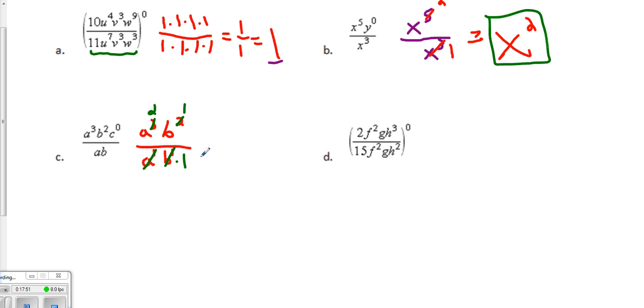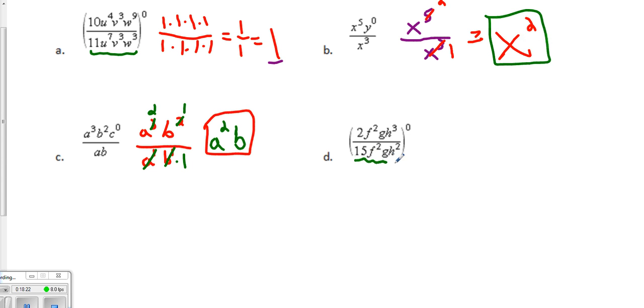We don't really need this all over 1, so it just becomes a squared times b to the 1st power. But you don't have to write in the b to the 1st power. Anything to the 1st power is just itself. If you want, you can write it in, that's fine. But you can write it easier by just saying a squared times b. So all of this monomial would be your simplified answer from C.